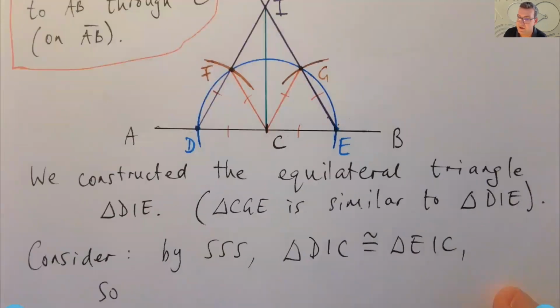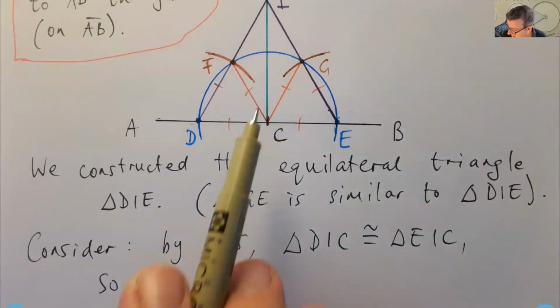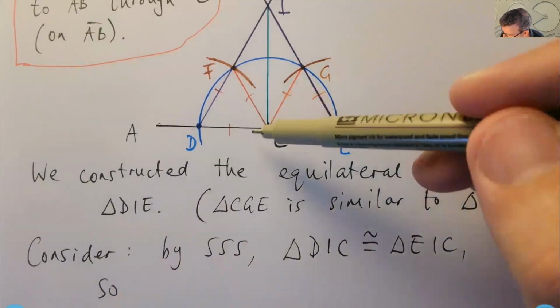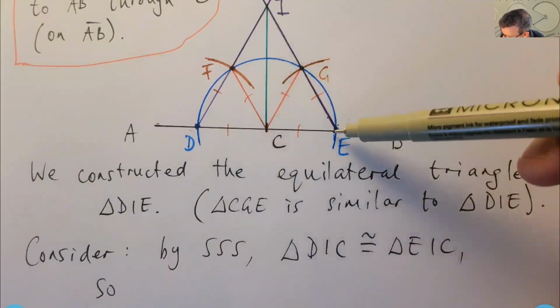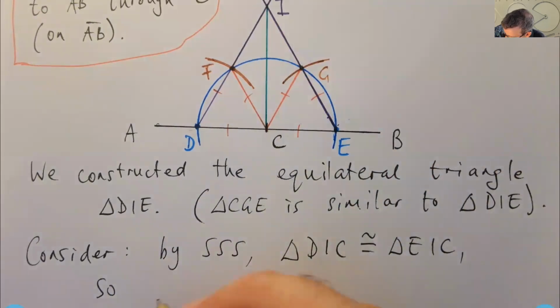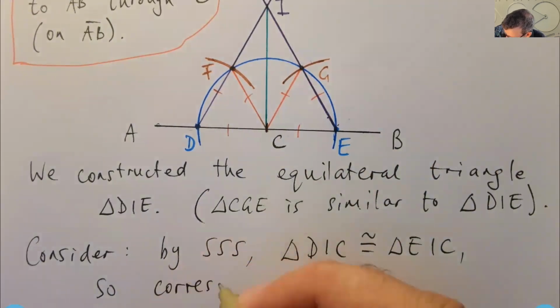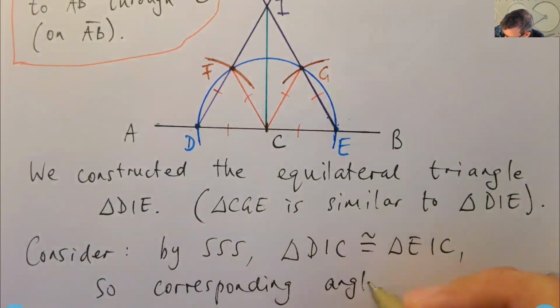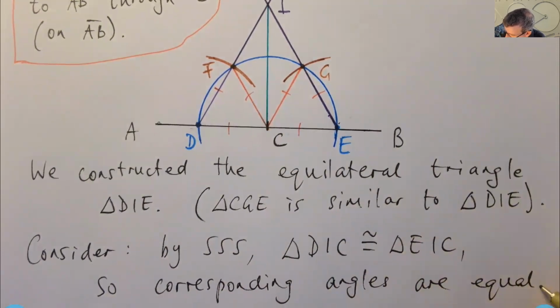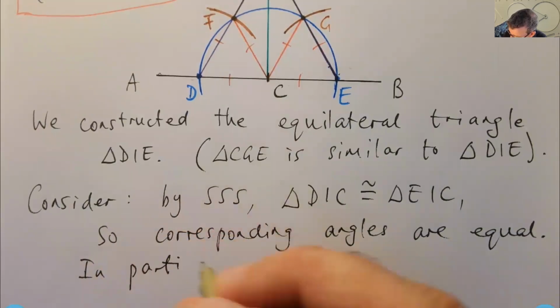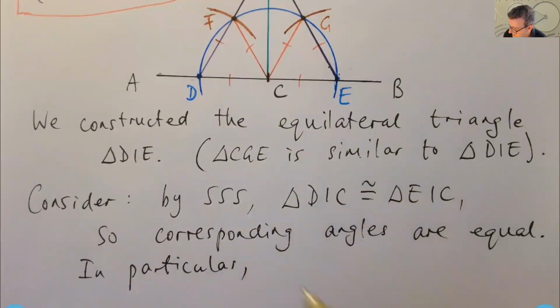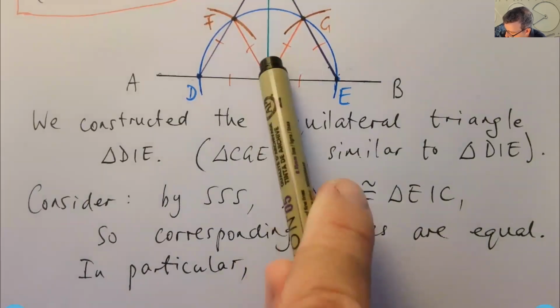Well, let me just move that up, sorry. The corresponding angles are equal. So this angle DCI has got to equal the angle ECI. All right, so in particular, this angle here has got to equal this angle here.